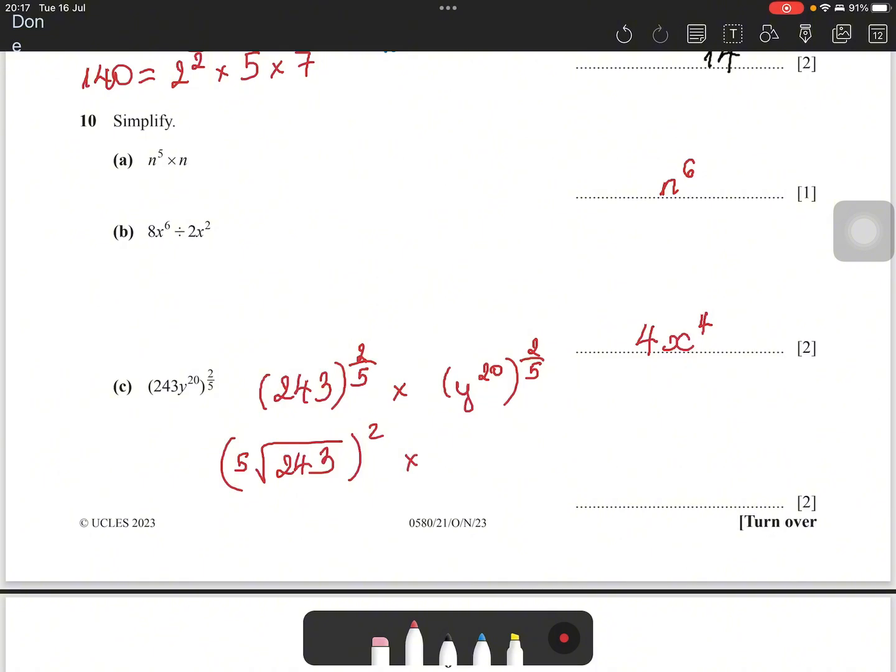And for the variable part, we just multiply 20 by 2/5. The fifth root of 243 is 3, and 3 squared is 9. Then 20 times 2/5 is equal to 4 times 2 equals 8. So the answer for this is 9y to the power of 8.